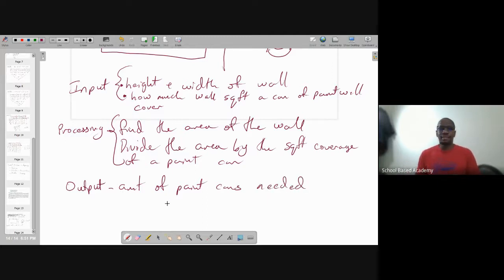So listen, I am sure that you're all familiar with what I have put down here. You see this: input, processing, output. Every computer program follows this rule. Before we can even start to work out how to do a program, we need to think about what we need to put into the program, what we need to do, or what is the purpose, what the program needs to find, and what the program needs to return to us.